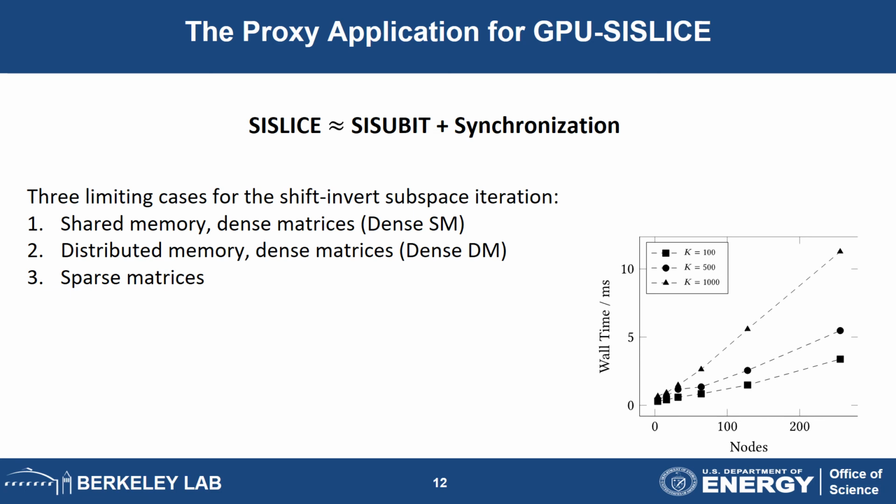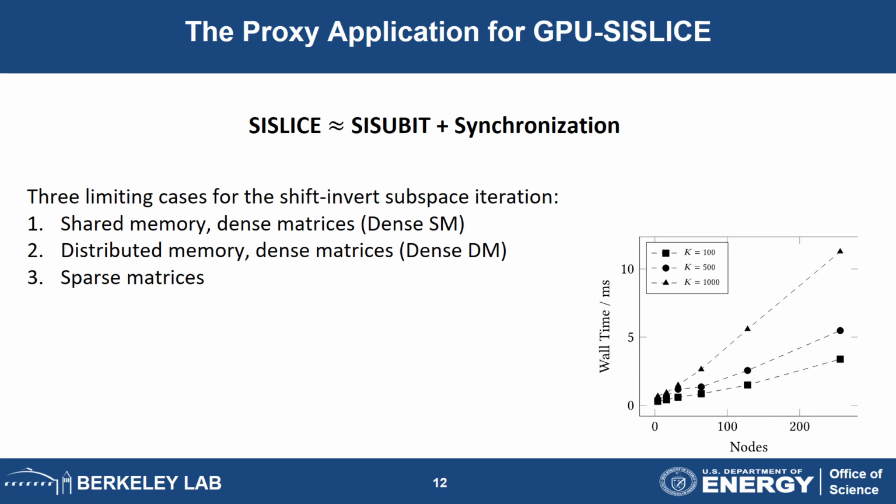Given this scheme for our proxy application, there are really three limiting cases for our implementation of the Shift-Invert subspace iteration given the current state of the GPU software stack for sparse and dense linear algebra. The first two cases deal with dense matrices in that they can be performed either in shared or distributed memory.